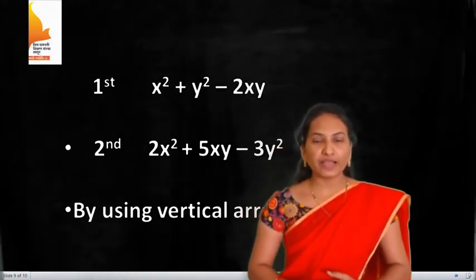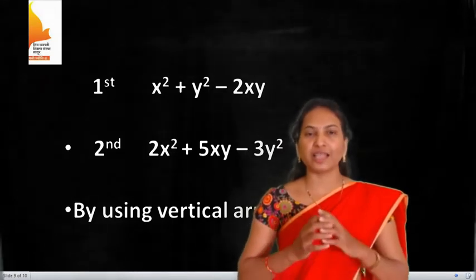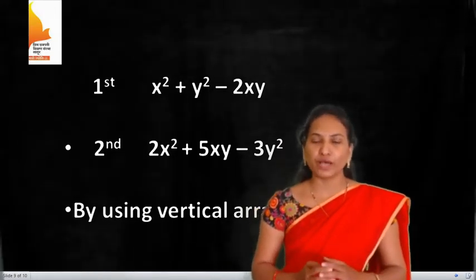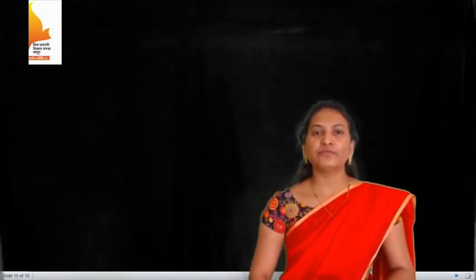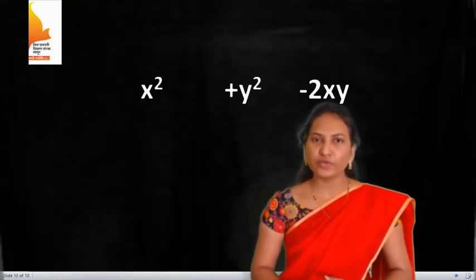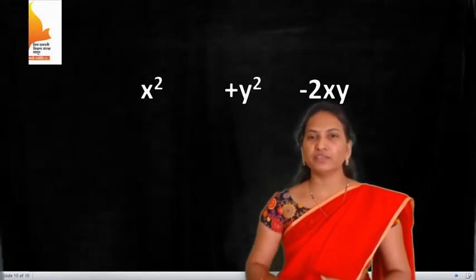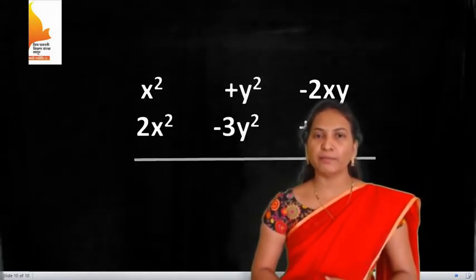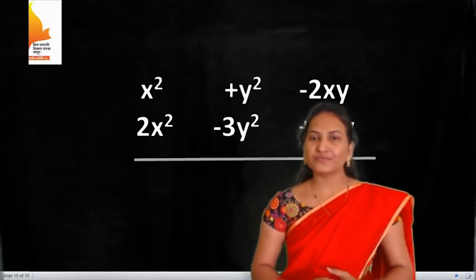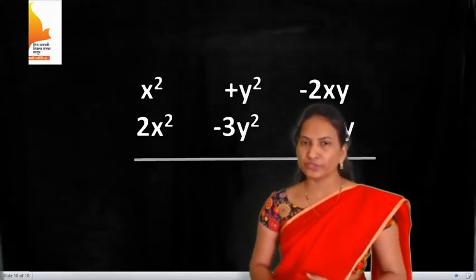When we are doing the addition of algebraic expressions, like terms you have to write below the like term. So here the first algebraic expression x square plus y square minus 2xy, and the second algebraic expression 2x square minus 3y square plus 5xy. Here you observe it.